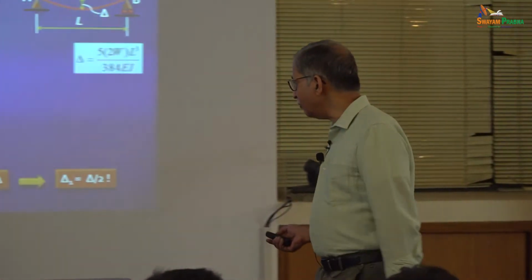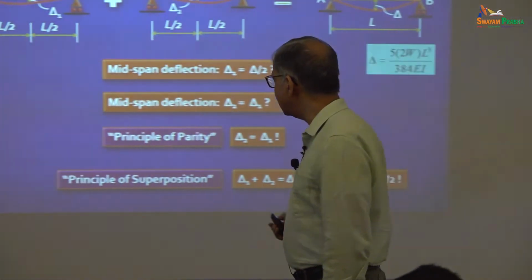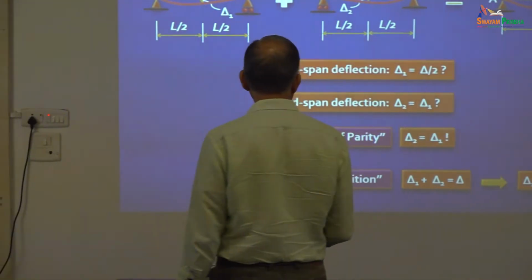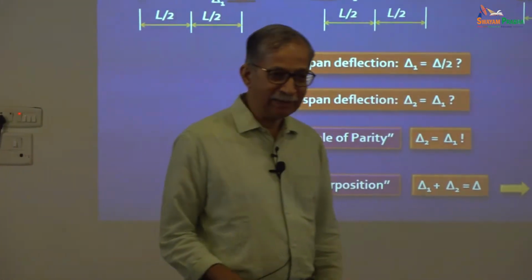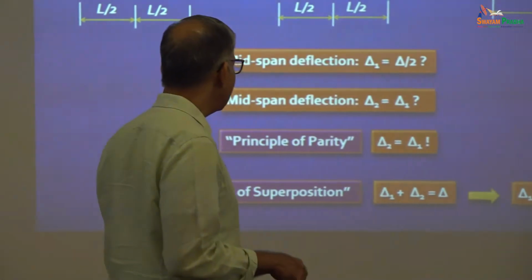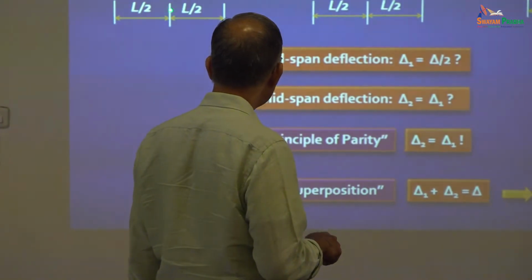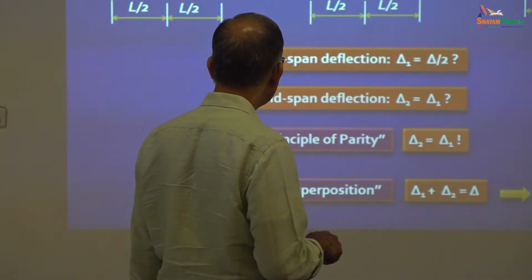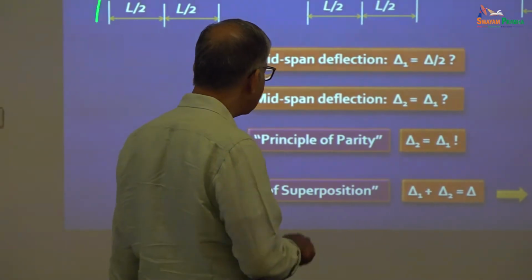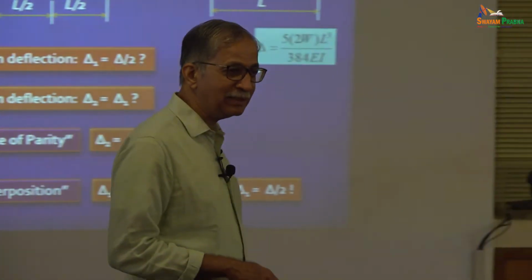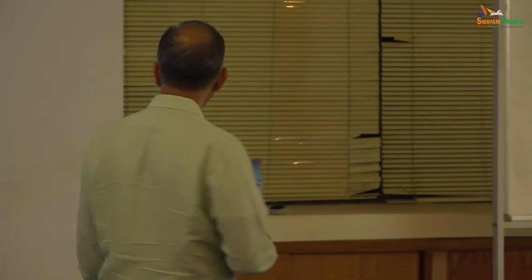Then if you invoke the principle of superposition, which says this plus this is equal to this, which you can do in linear analysis, then you can argue that the deflection here at the midspan will be half the deflection in the full beam.